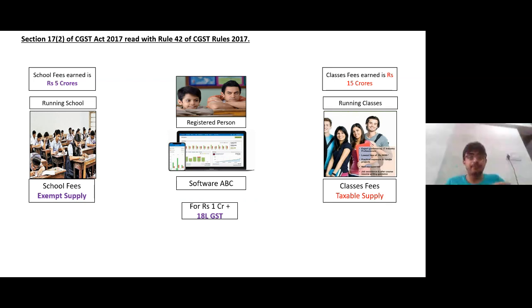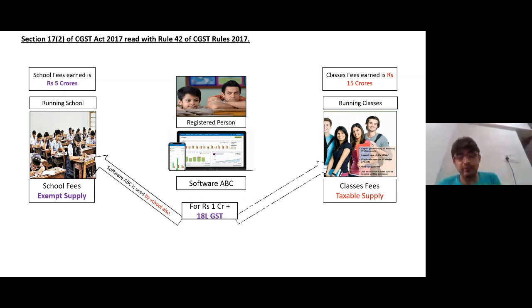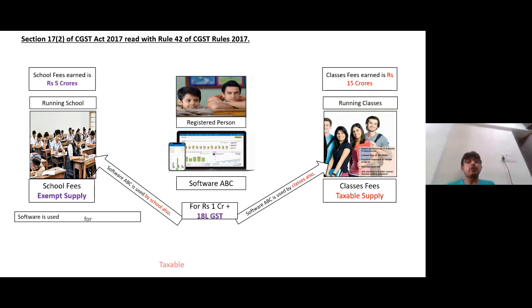In the same software, he is doing accounting for school students also, so software is used for exempt supply, and the same software is used for taxable supply also. You understood the thing? Software is used for taxable as well as exempt supply.